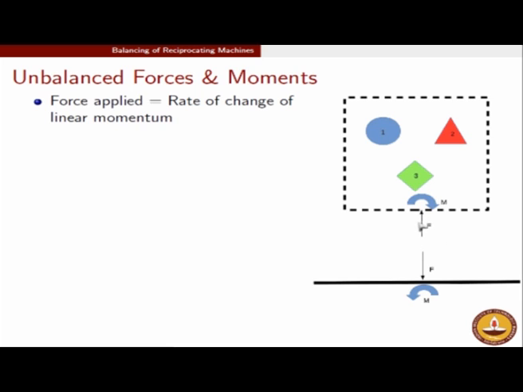The total force applied must be equal to the rate of change of total linear momentum. Which means the force should be equal to m1 x1 double dot plus m2 x2 double dot plus m3 x3 double dot, all of them are moving.